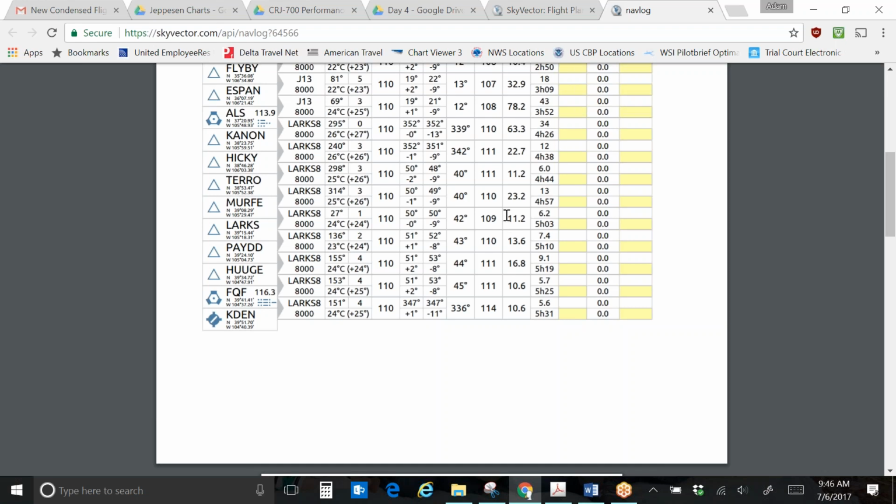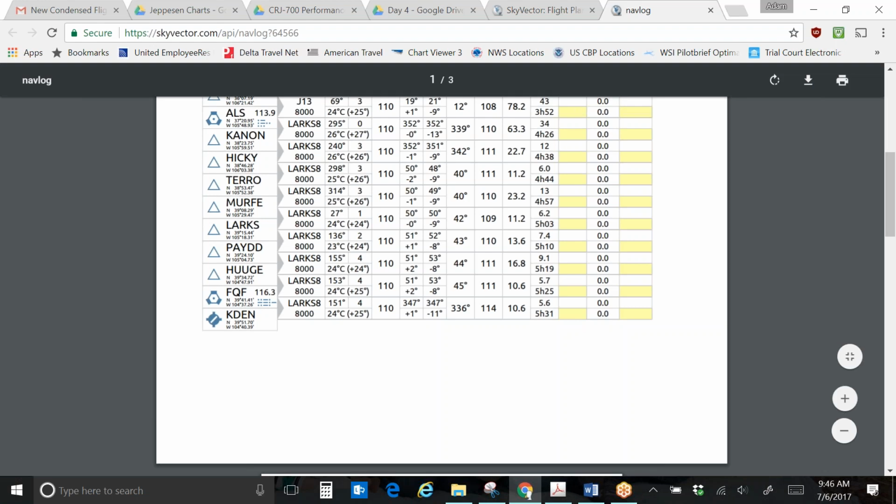That's going to get us pretty close. At that point, all the way back to the Murphy intersection, we're now at 62.8 miles. So it's about a mile before the Murphy intersection.